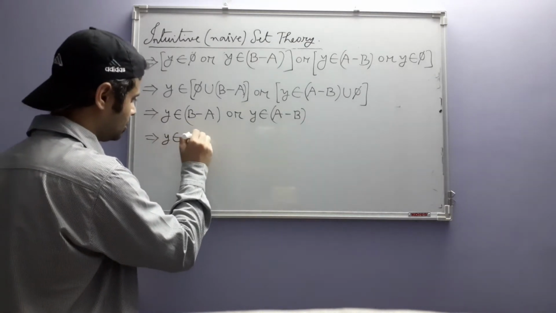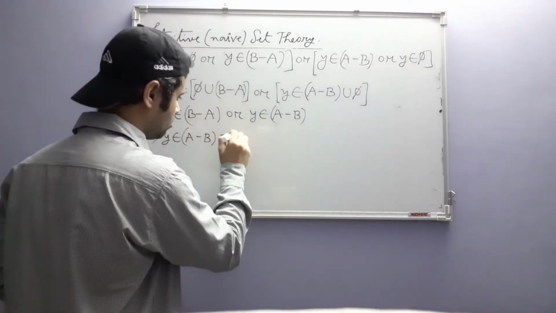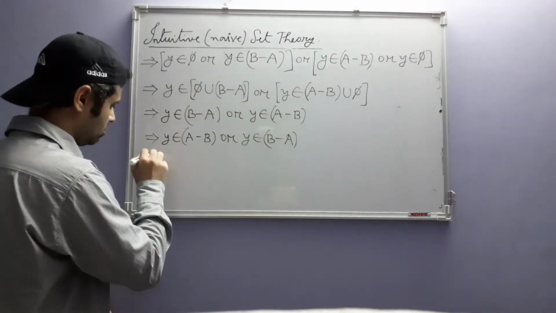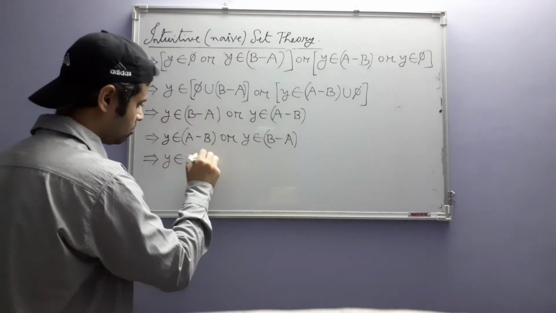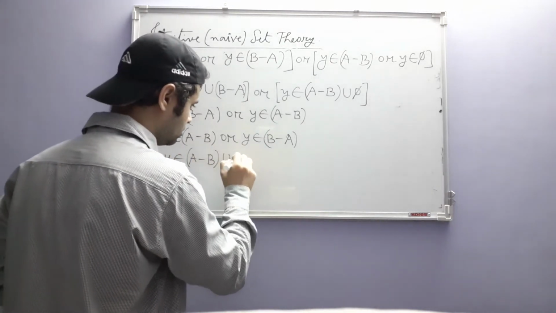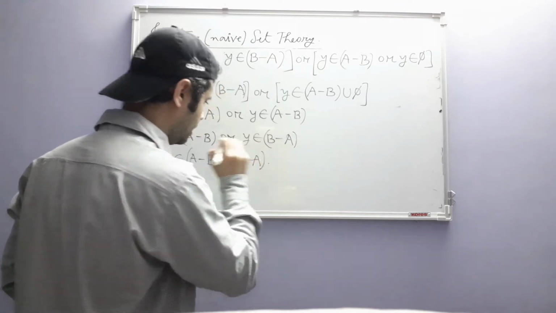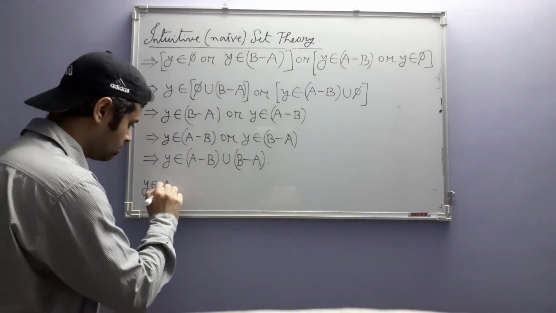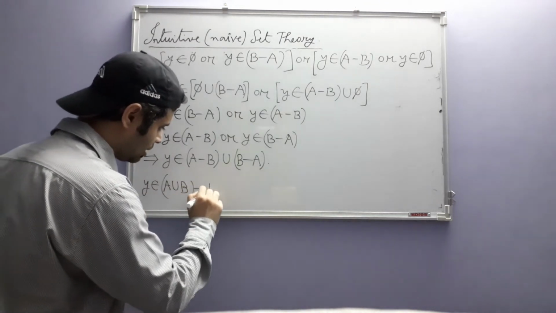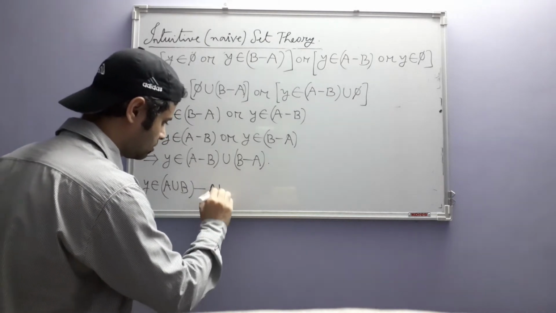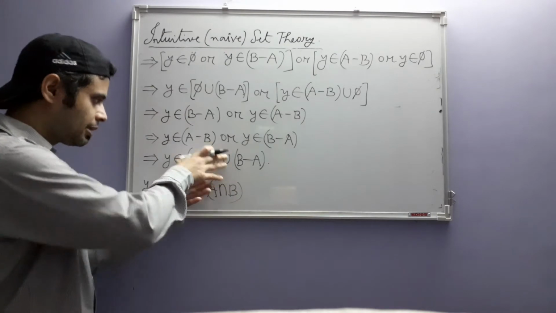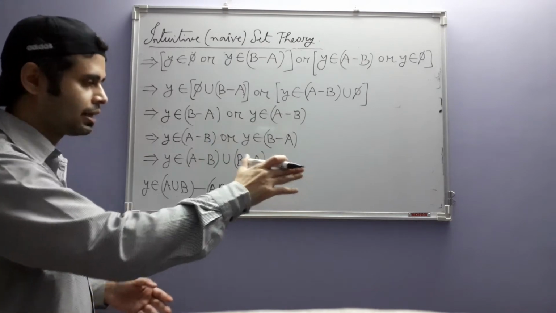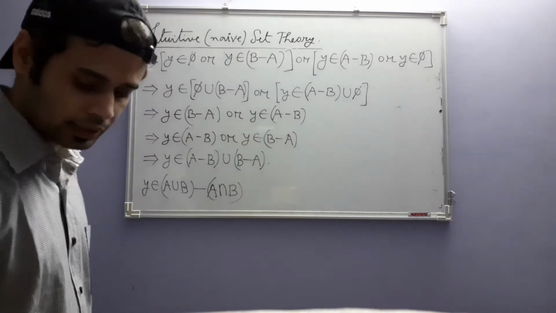Y belongs to A minus B, or y belongs to B minus A. This implies y belongs to A minus B union B minus A. So we have proved that whenever y is in A union B minus A intersection B, then y is here, which means that this is a subset of this. We already had the other containment, so these two are equal.